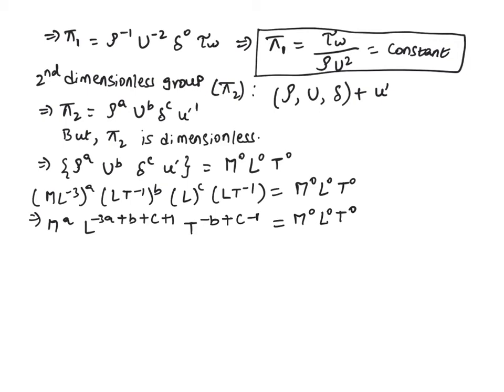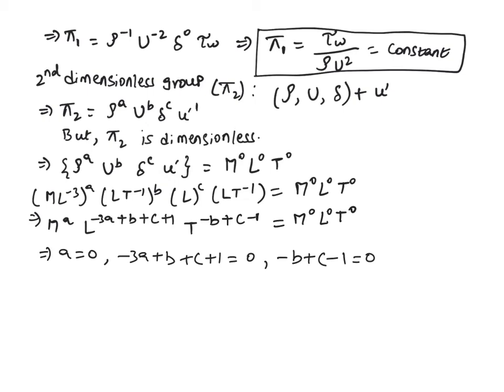So when you have written like this, then you have to equate them. Here, if you look at them, it would be a is equal to 0 as the first equation, minus 3a plus b plus c plus 1 is equal to 0 as the second equation, and the third equation would be minus b plus c minus 1 is equal to 0.